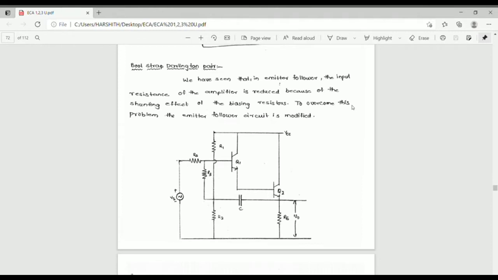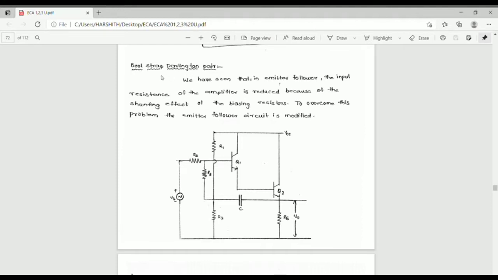In this bootstrap Darlington pair amplifier, this is the emitter follower. Emitter follower means CC. In the emitter follower, the input resistance of the amplifier is reduced because of the shunting effect of the biasing resistors.